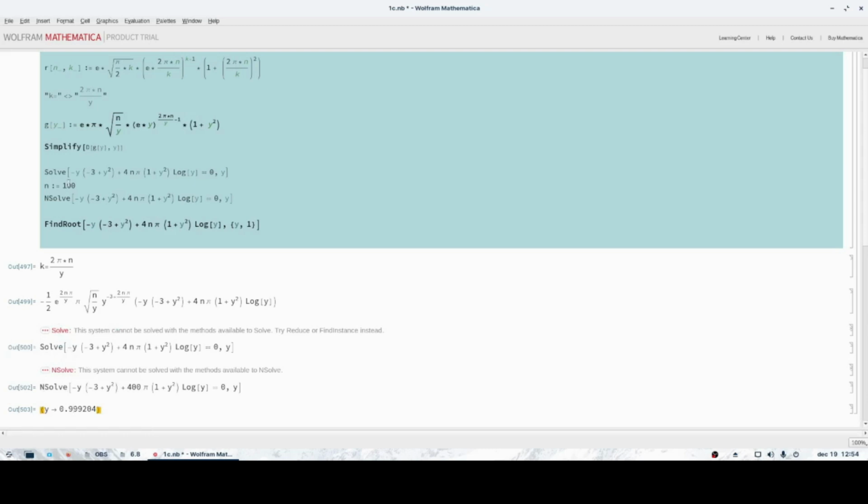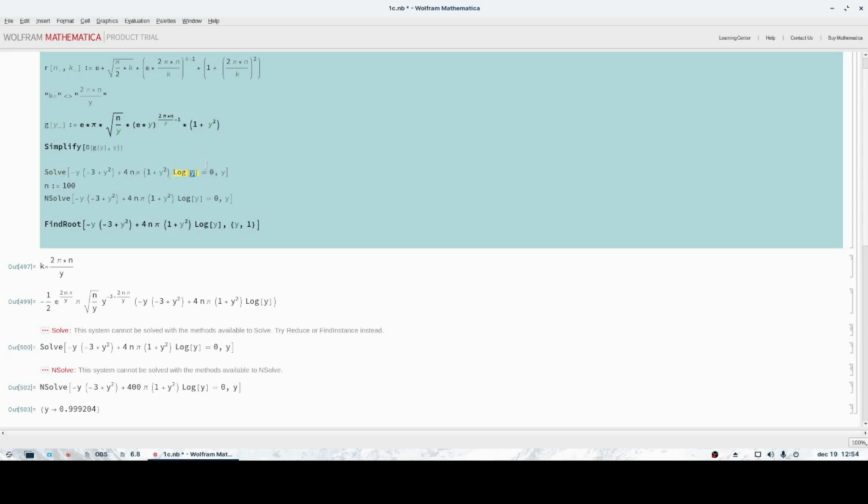So if somebody has some time, we can prove that the root of this equation converges to 1.